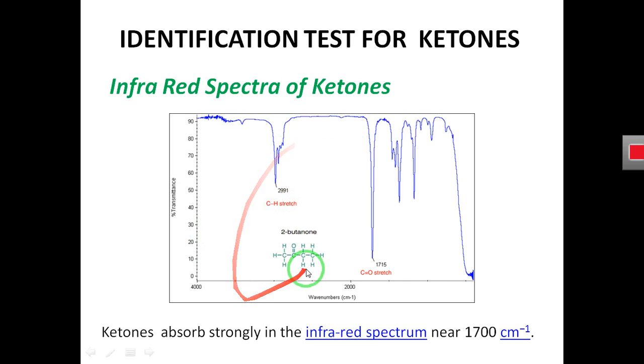If we perform the experiment in infrared spectroscopy and develop this spectra, what will happen if we have a peak at 2991 wavelength? The peak that originates at this wavelength will show that there is a ketone present in the sample.